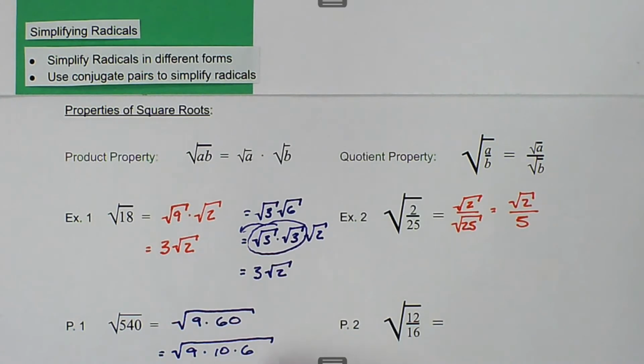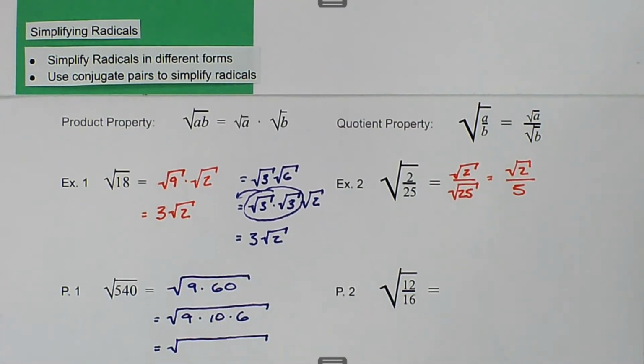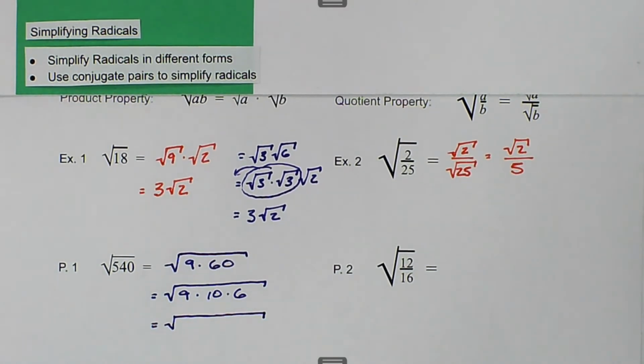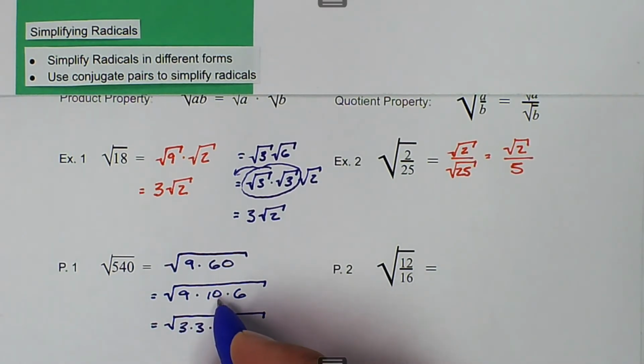So 9 can be broken down to 3 times 3. 10 can be broken down to 5 times 2. And 6 can be broken down to 2 times 3.